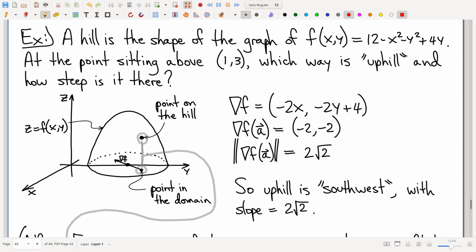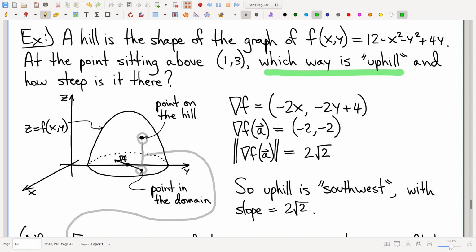Okay. So, yeah. The question says, which way is uphill? Well, previous page tells us that uphill is the direction of steepest ascent. We are, in fact, looking at a graph here, so I can say direction of steepest ascent, direction of fastest increase also.